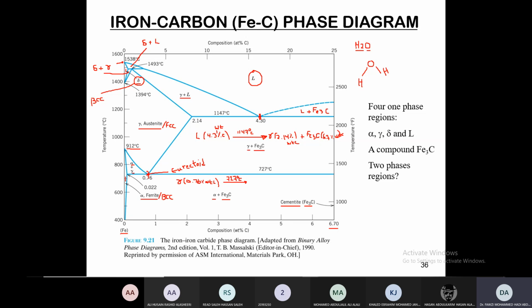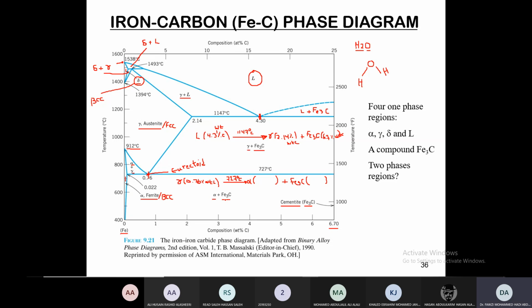It is just I'm reading everything from the phase diagram. To which phases? To the alpha plus the cementite. So it's alpha with a certain composition plus the cementite, Fe3C, and that also has a composition.